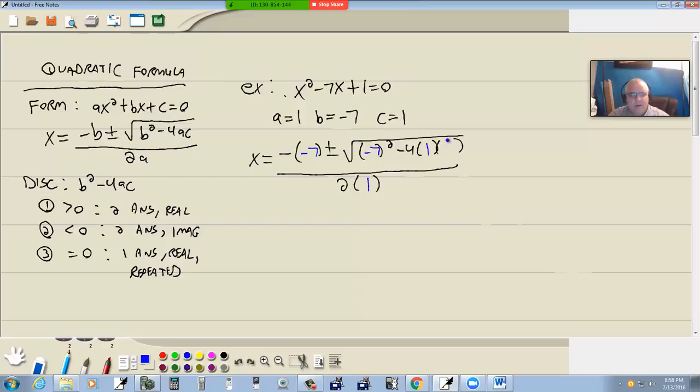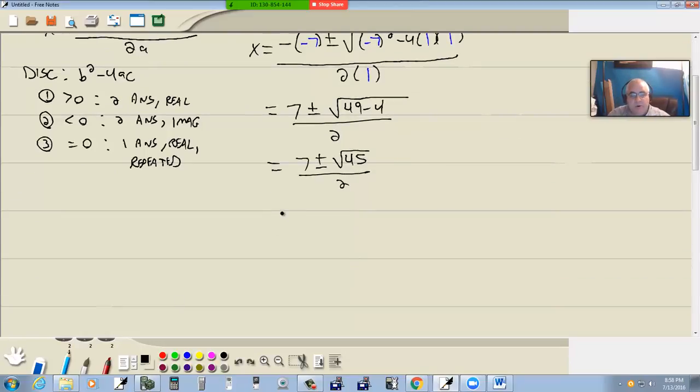And c is 1, so everywhere I had a c I'll put in 1. Negative negative gives us positive, so we got 7 plus or minus square root of negative 7 squared is 49, minus 4 times 1 is 4, over 2. That gives us 7 plus or minus square root of 49 minus 4 is 45 over 2.